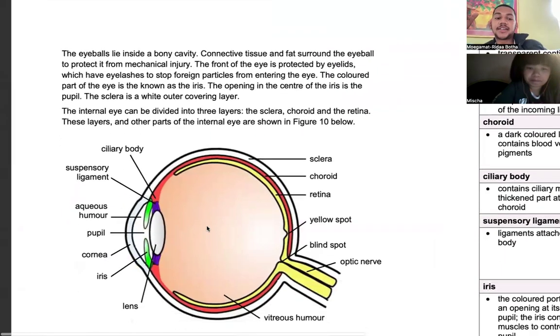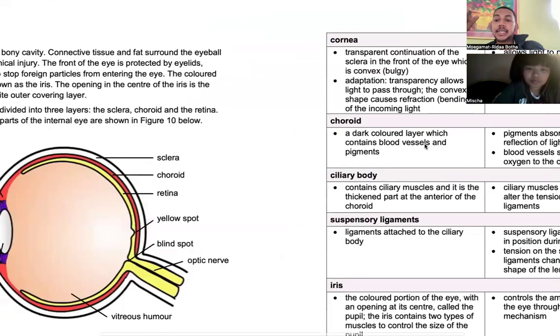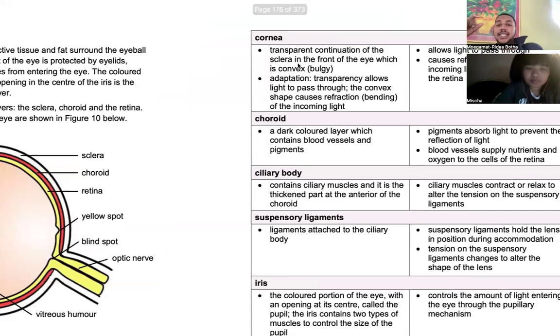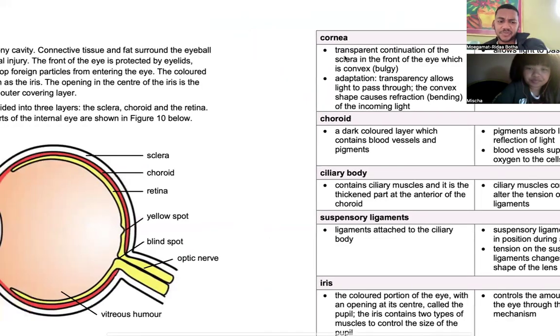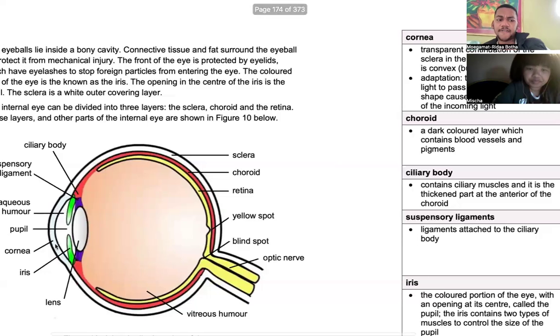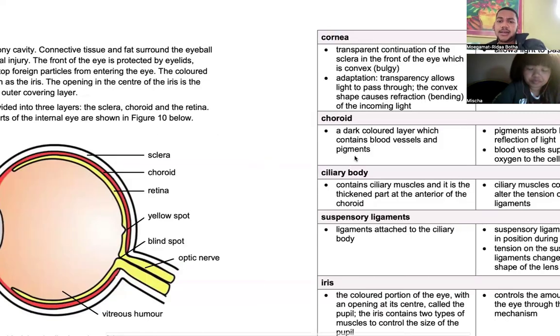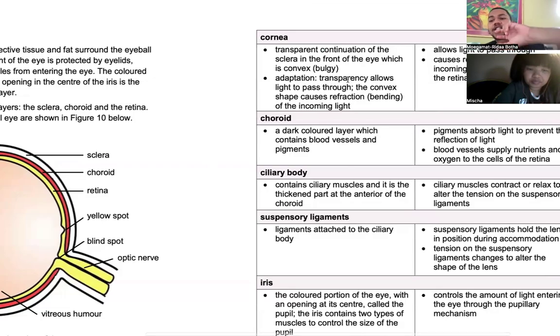So, the cornea is here in front. As you can see, structurally, it is transparent, a see-through continuation of the sclera in front of the eye, which is convex. And the adaptation is the transparency.